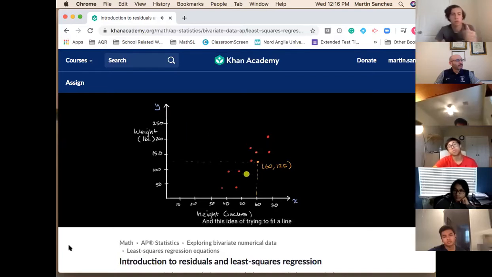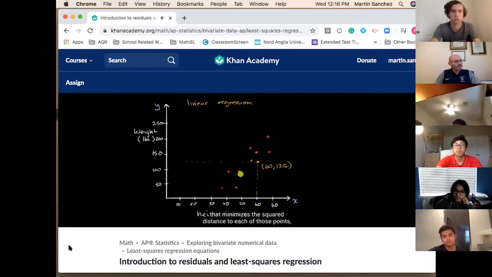And this idea of trying to fit a line as closely as possible to as many of the points as possible is known as linear regression. Now, the most common technique is to try to fit a line that minimizes the squared distance to each of those points. And we're going to talk more about that in future videos.